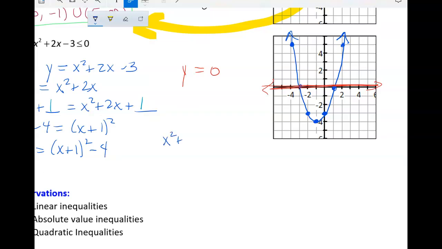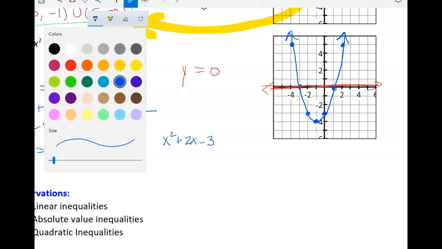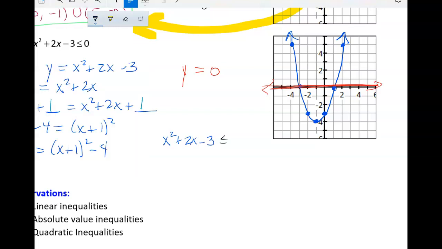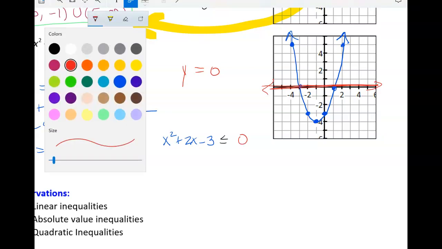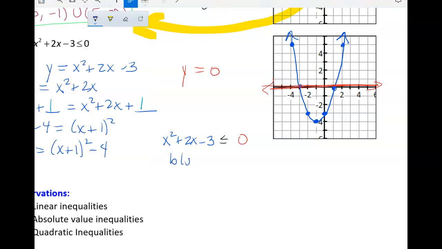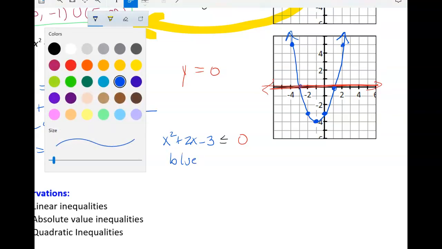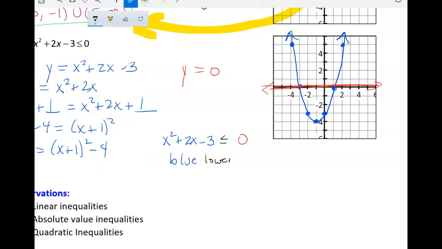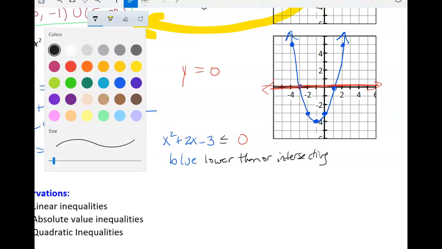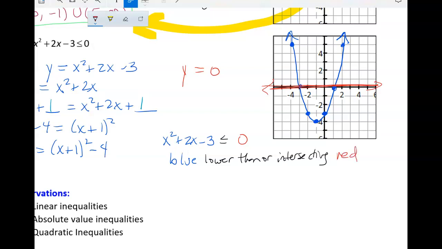Our inequality was saying x squared plus 2x minus 3, which is the blue graph, is less than or equal to 0, which is the red graph. And so we are looking for where the blue is lower than or intersecting the red graph.